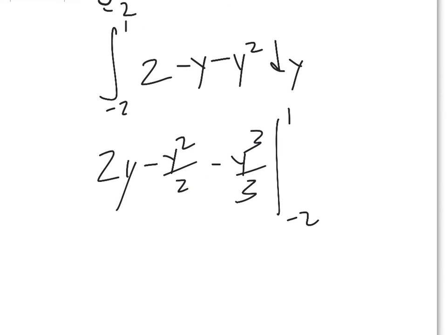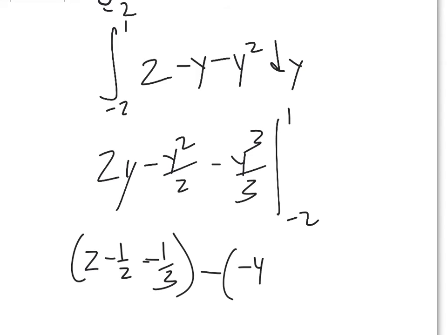Okay? So substituting 1, we get 2 minus a half minus a third. Minus, substitute negative 2, we get negative 4. And that's going to be a minus 4 halves, which is obviously 2. And then we'll get minus negative 8 over 3. Ugh, kind of ugly. That's all right.